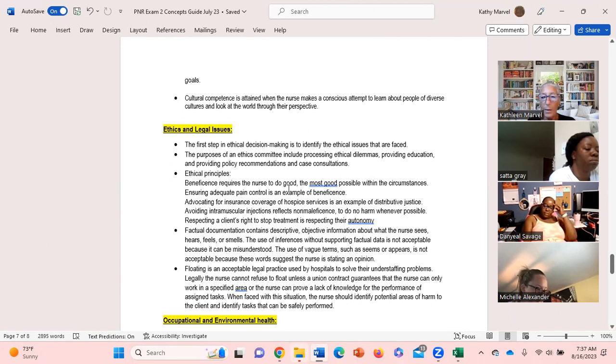The example we give with non-maleficence, and it was one of your quiz questions, is let's say you're catheterizing a patient and you contaminate the sterile field. What do you do? Get a new kit, right? Do no harm. We don't want to cause an infection.